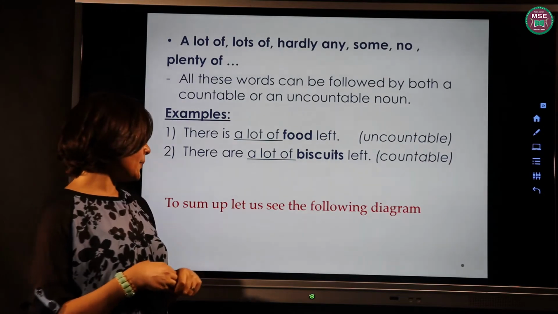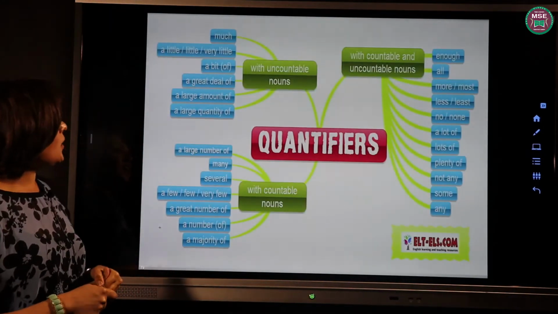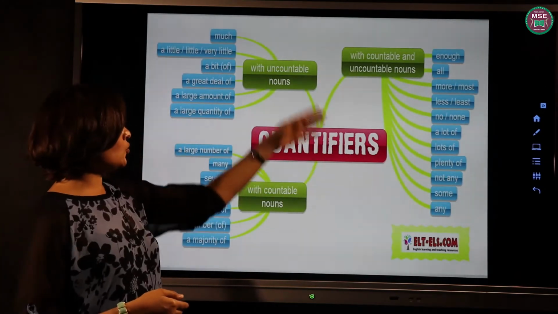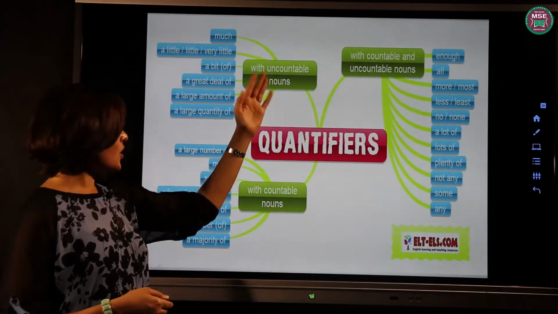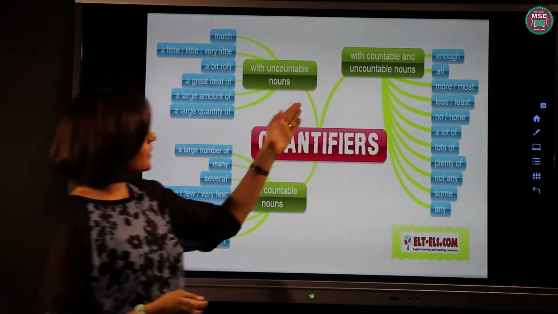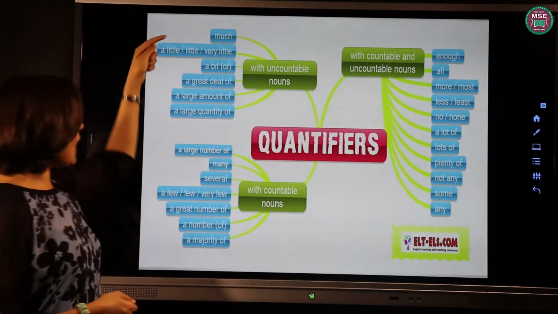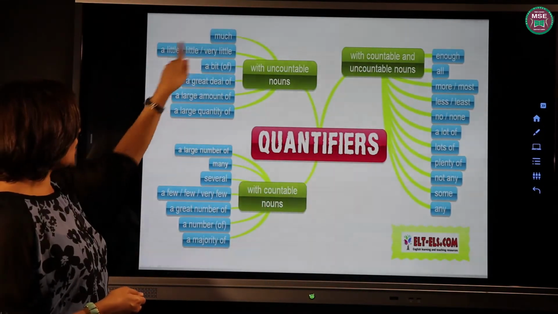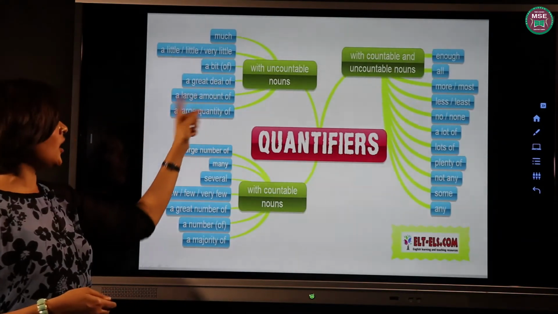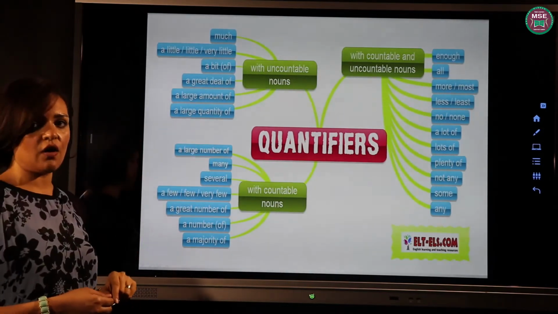Okay, to sum up, let us see the following diagram. Here we have the quantifiers. Some quantifiers are used with uncountable nouns, some with countable nouns, and some with both. Here we have the uncountable: much, a little, little, very little, a bit of, a great deal of, a large amount of, a large quantity of.